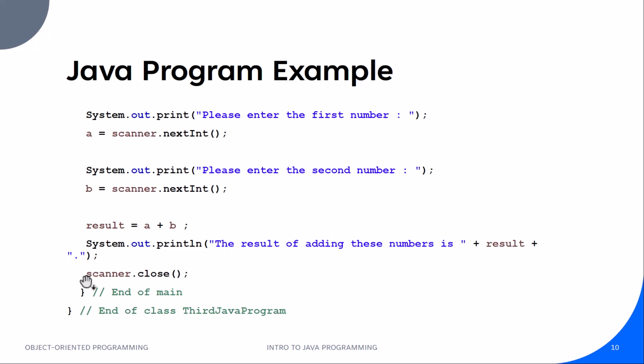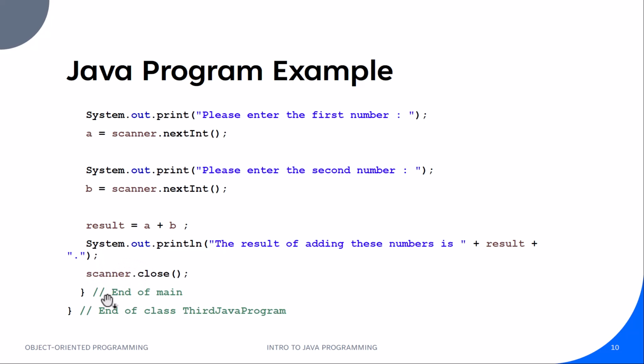And a common practice when using Scanner objects is to close these objects. As you can see, I'm using scanner.close to close the Scanner object's input. And as you can see, these are Scanner objects, and using the dot notation, I'm using methods such as nextInt and close to call methods that are related to this Scanner object.